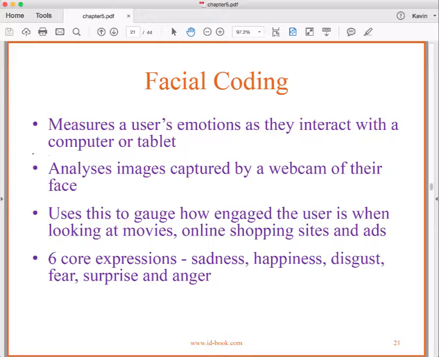And the practitioners have been able to come up with the ability to recognize 6 core expressions: sad, happy, disgust, fear, surprise, and anger. So, theoretically, you could do this kind of stuff in your application.